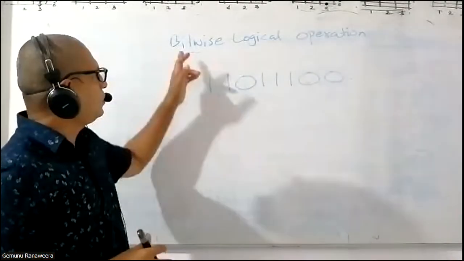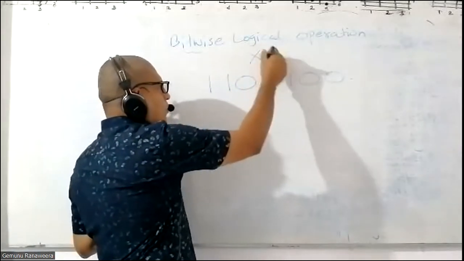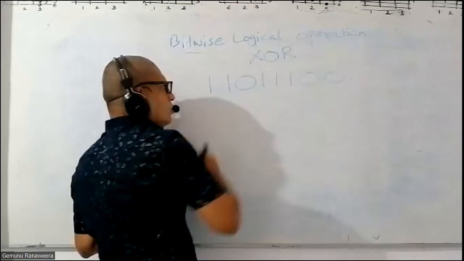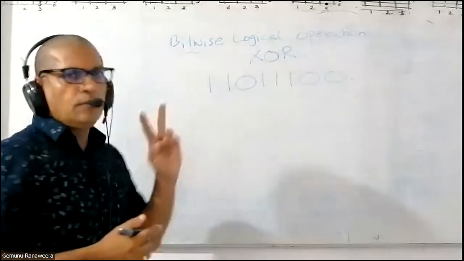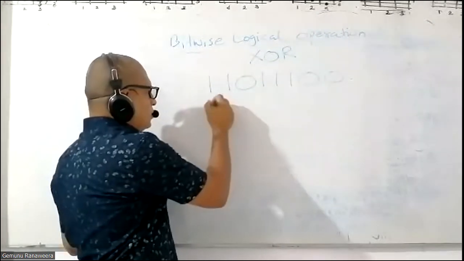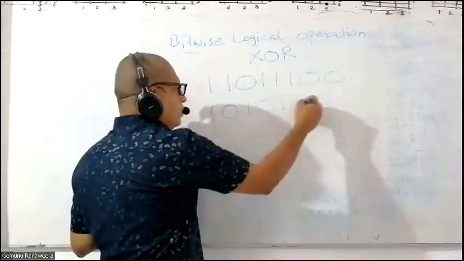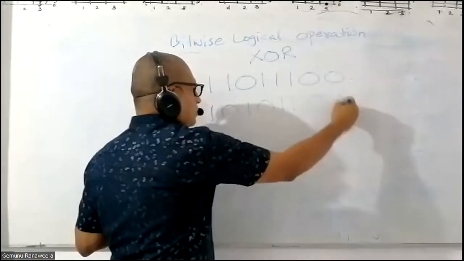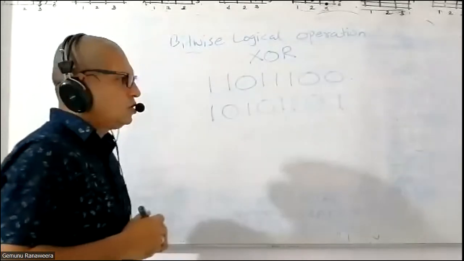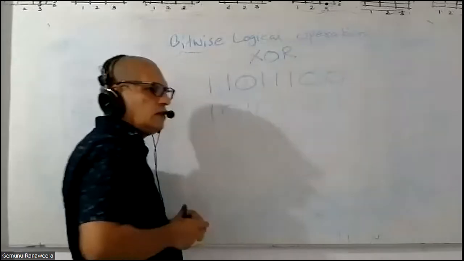And to execute the bitwise logical operation, exclusive OR, you need 2 bit streams. So we must have another bit stream. Let's take 1, 0, 1, 0, 1, 1, 0, 1, something like that. So you have a bit stream here, then another bit stream here.